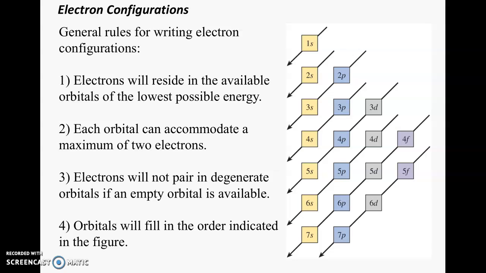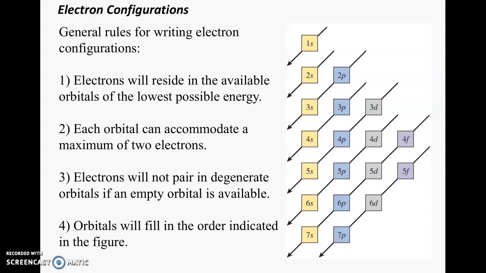The other thing that we talked about is that empty bus seat rule. Electrons will not pair in degenerate orbitals. That means orbitals that are of the same energy level. For instance, the p orbitals, there are 3 p orbitals wherever they exist, and they all have the same energy. So one electron goes in each of those orbitals before they start pairing up.